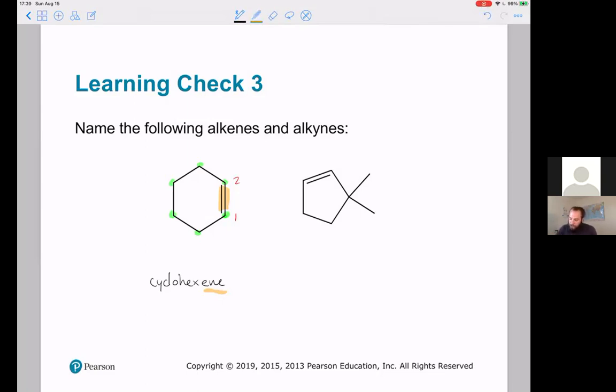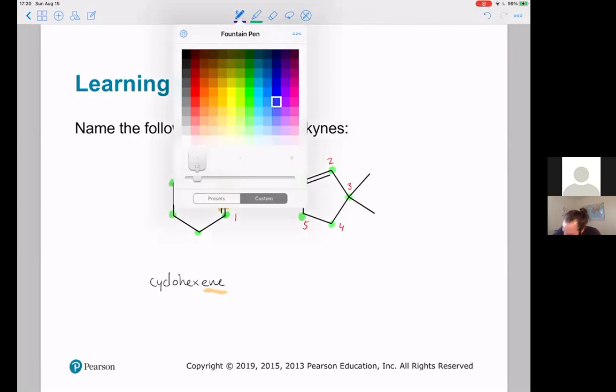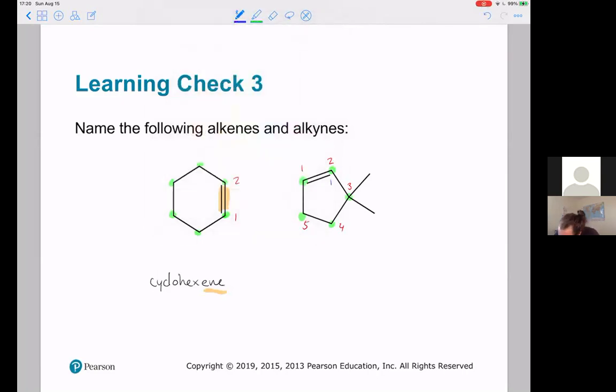So what about here? What's our parent chain? It's going to be the ring. How am I going to start numbering? I'm going to make sure that my double bond is between carbons 1 and 2. So 1, 2, 3, 4, 5. Now, if you're kind of clever, you might be saying, well, why didn't you number it the other way around, right? Because I could actually start over here and go 1, 2, 3, 4, 5.